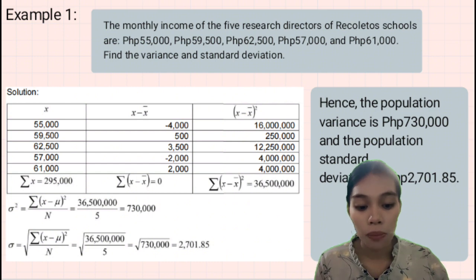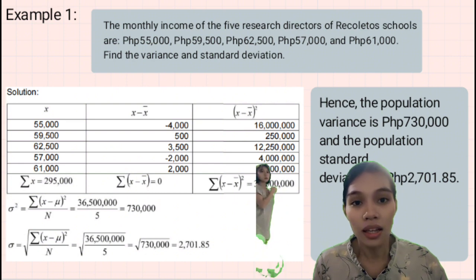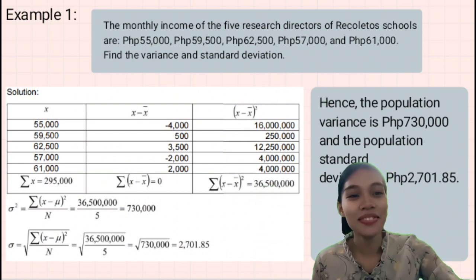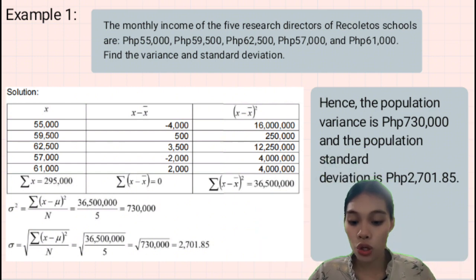Okay, we just have 59,000. So we will subtract the mean from the values.